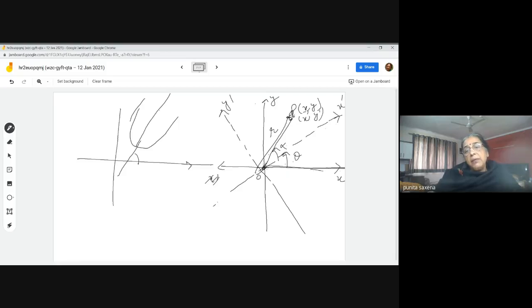अब इसका मतलब if I study P in the xy plane, not in the x dash y dash plane, then the angle which this radius vector makes with the x-axis is actually theta plus alpha. Right? So if you just go back to what we had done, your x can be written as, हम हमेशा क्या करते थे? In the polar coordinate system, हम क्या लिखते हैं? X is r cos theta and y is r sin theta, right?